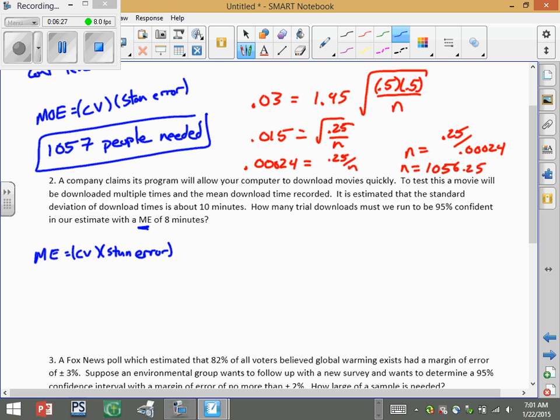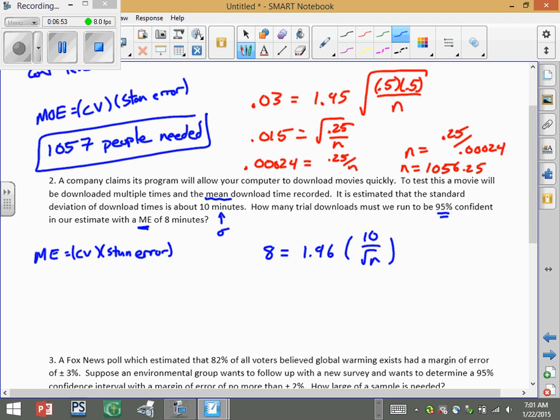So here we go. This is a means problem, right? Here we go, multiple times the mean download. So this time, margin of error is 8. We want to be 95% confident, so that would be 1.96. And here, the sigma, we're told, is about 10 minutes over the square root of n. Now it's just a matter of doing some math.